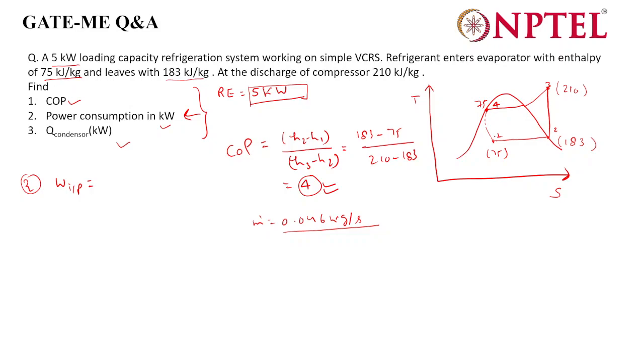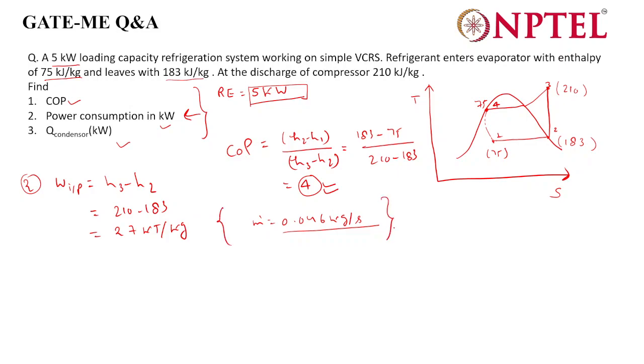Work input is H3 minus H2, so this will become 210 minus 183. How much will it come? 27 kilojoule per kg. But we don't know the mass flow rate.